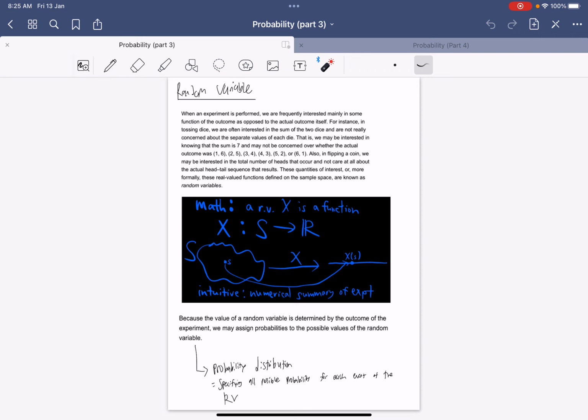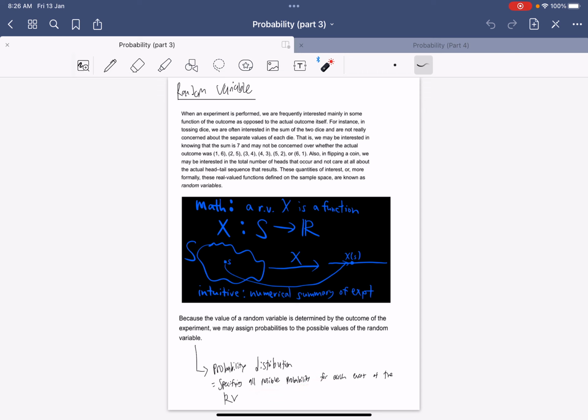Because we know that the probability of this random variable taking a given value is really the number of outcomes for that value divided by the total sample space. And so to give a random variable, we not only give what values it takes, we must specify the probabilities for each possible value of the random variable.